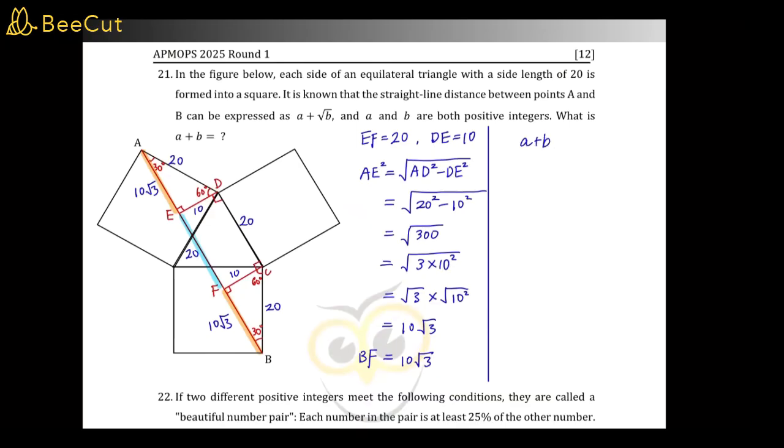AB equals 20 plus 20 times the square root 3. Now let's put the 20 back into the square root. So 20 equals the square root of 400 times square root 3. So it's 20 plus square root of 1200.